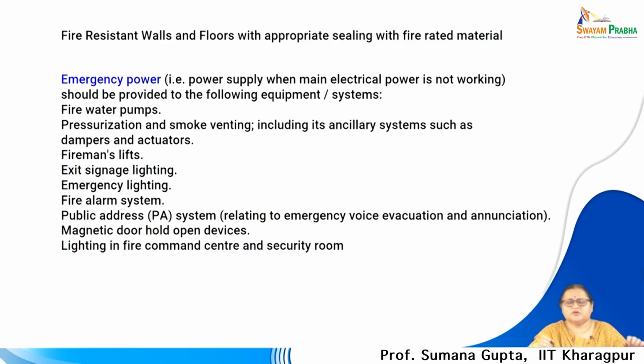Emergency power should be supplied to various services like fire water pump, pressurization and smoke venting, dampers and actuators, fireman's lift if there is a fire lift, exit signage lighting, emergency lighting, fire alarm system, public address system, magnetic door hold open devices, and lighting in fire command center and security room, to be ensured in case of a fire.